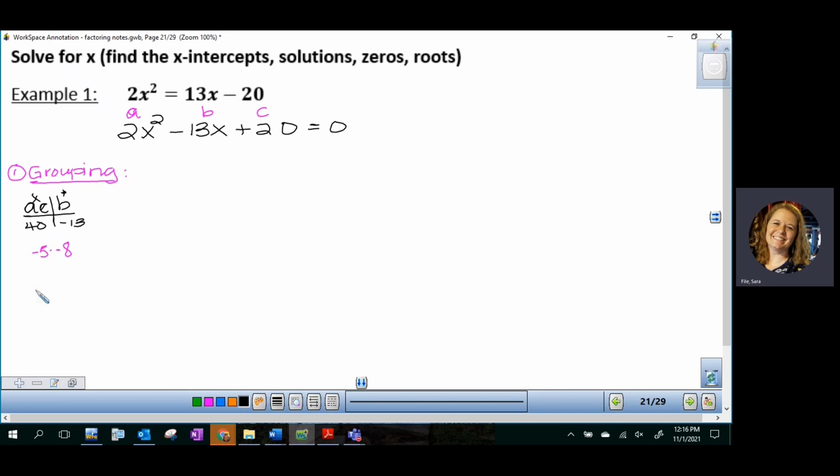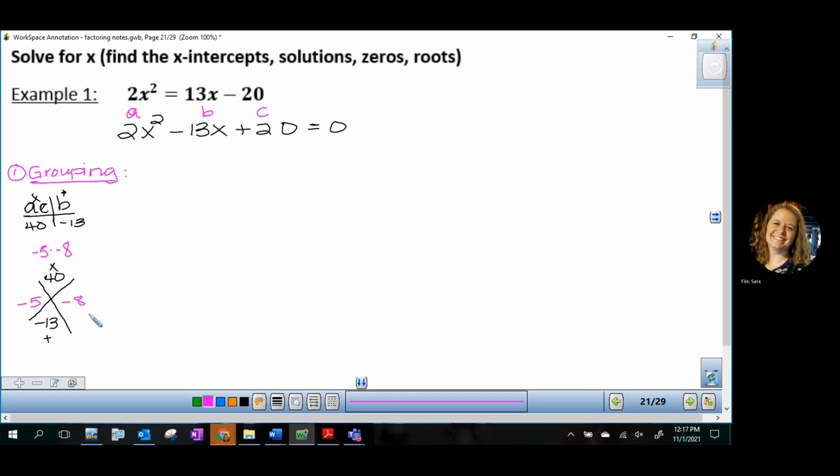Now, some of you, when you originally learned looking for these numbers, you learned it, I don't know what it was called, like X method or something, and you put like 40 and negative 13 like this. Does that look familiar? Okay, so if you learned it with this little chart, that's fine, use it. But you're still finding the same numbers. You're asking yourself what multiplies to 40, adds to negative 13, and it's negative 5 and negative 8. I don't care how you organize your information, but you're having to find that negative 5 and negative 8.